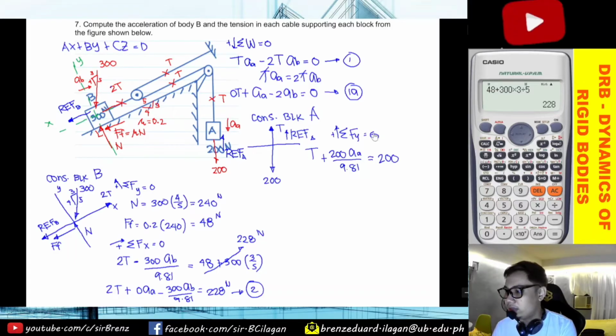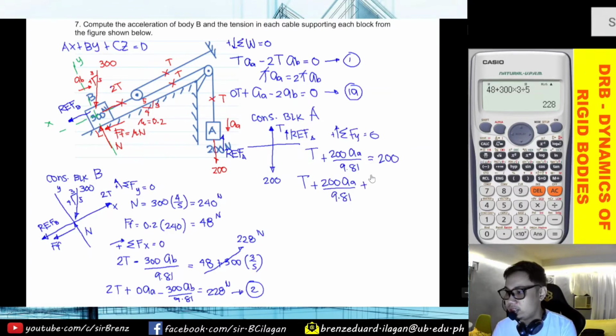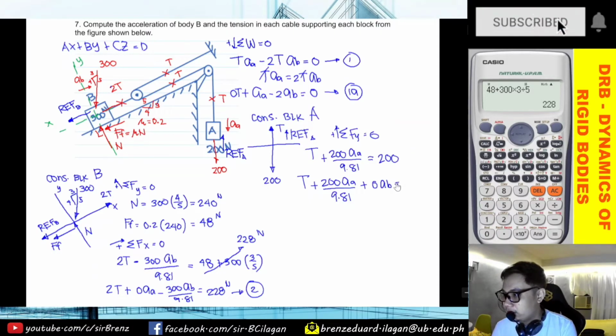Habulin natin yung formula, insertan lang natin ng 0b dito. This will be our equation number 3. So copy mo lang yan, a sub a over 9.81 plus, since wala naman talagang a sub b, gagawin mo 0 times a sub b is equals to 200.